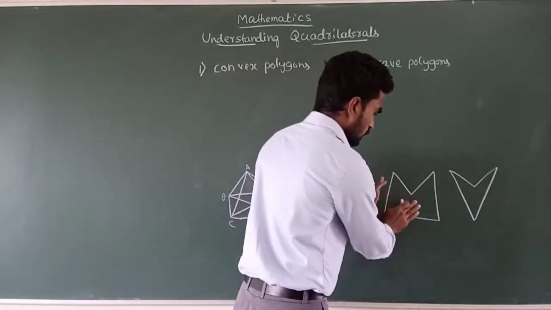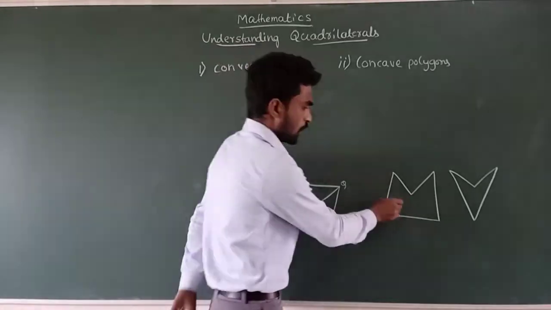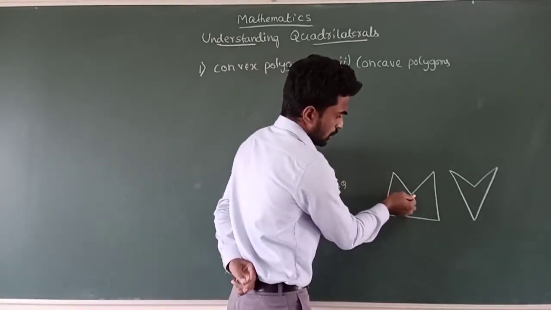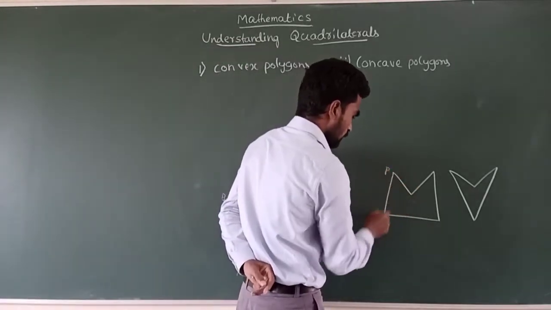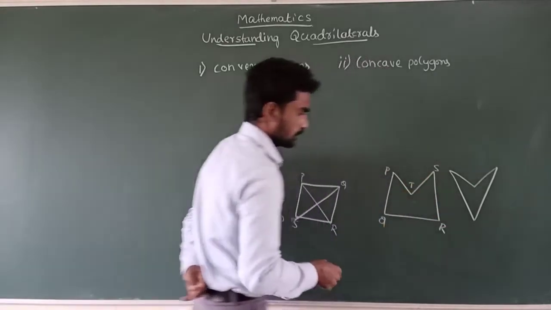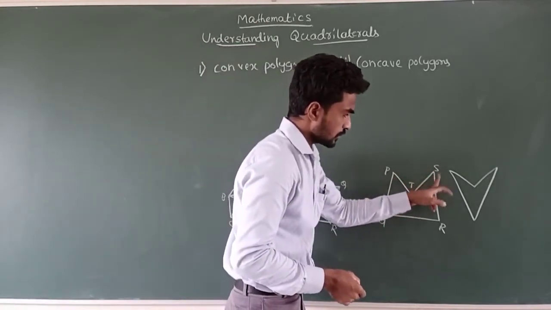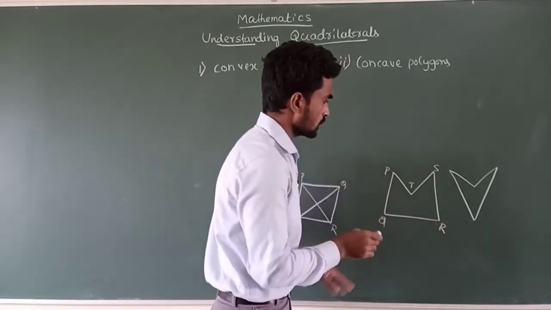Now for this polygon, name it P, Q, R, S, T. Here S and T are consecutive points, S and R are consecutive points.